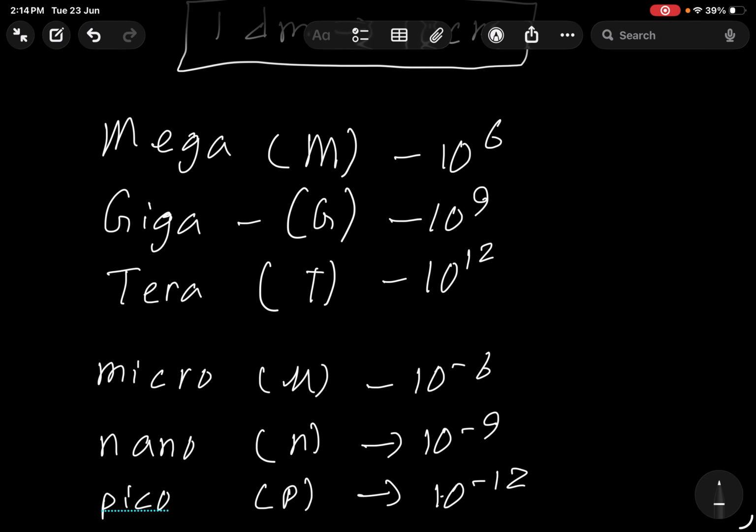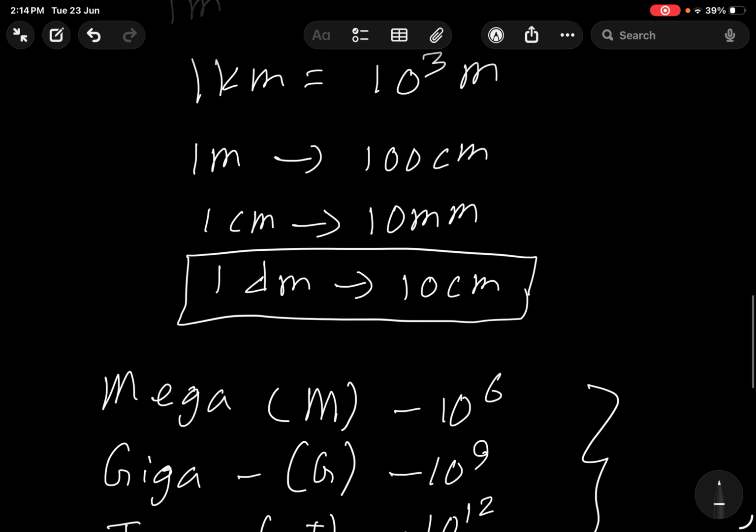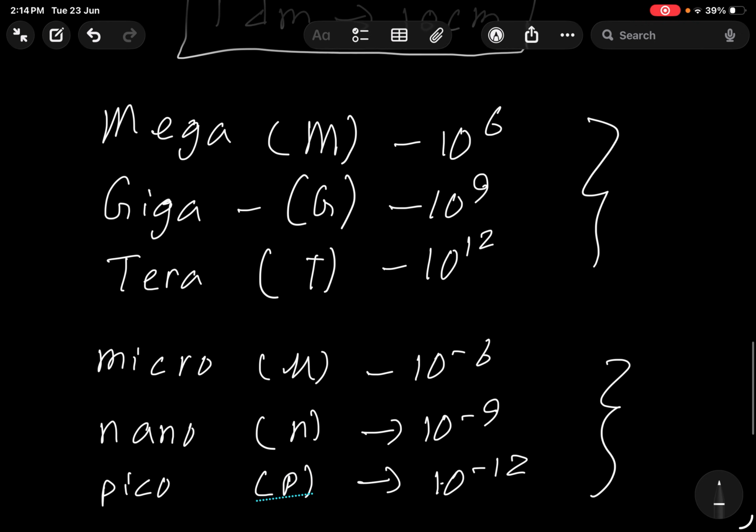So these are the main ones you have to remember: mega, giga, tera, micro, nano, pico. It sounds like a rhyme. All are 6, 9, 12, except these ones are lower than 1, sorry, and these ones are greater than 1.